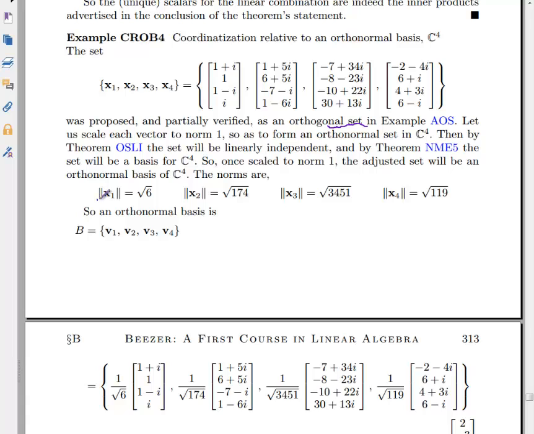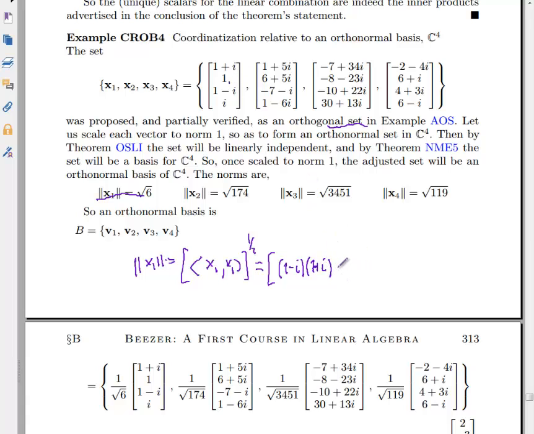Let's just verify this one here, that the norm of x1 is square root of 6. So the norm of x1 is equal to the square root of the inner product of x1 with itself. Now, when you take the inner product, you take the complex conjugate, which is 1 minus i, times 1 plus i.